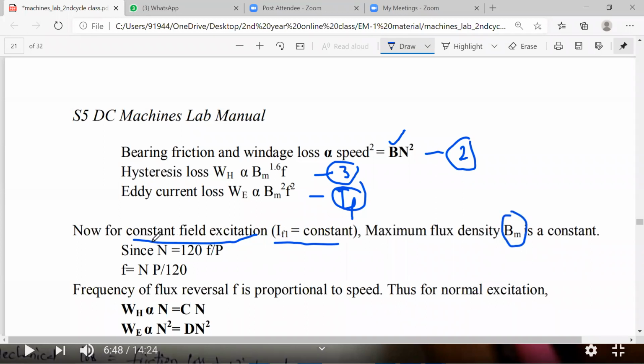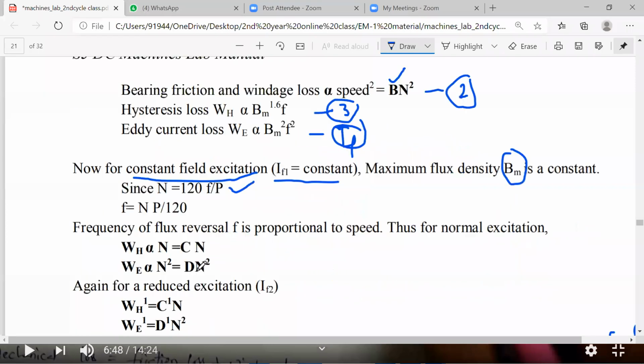And we know speed is equal to 120 F by P, where F is the frequency of reversal, P is the number of poles, N is the speed. From this, frequency equals NP by 120. So this is the general formula for speed in terms of frequency and poles.